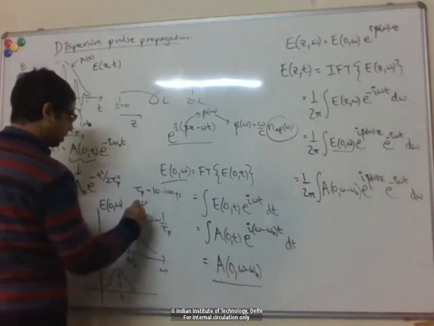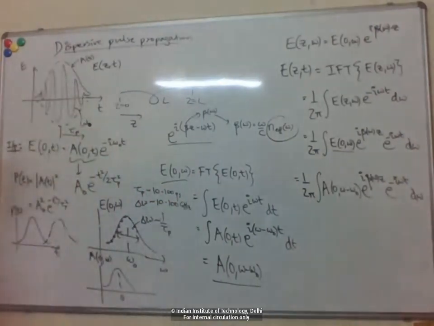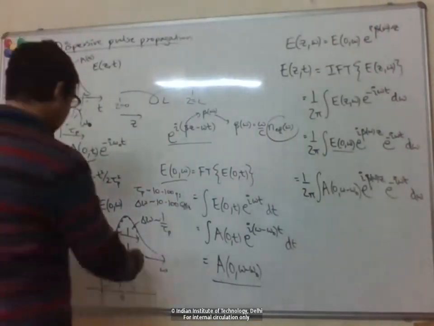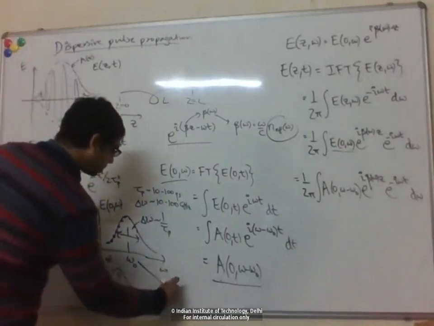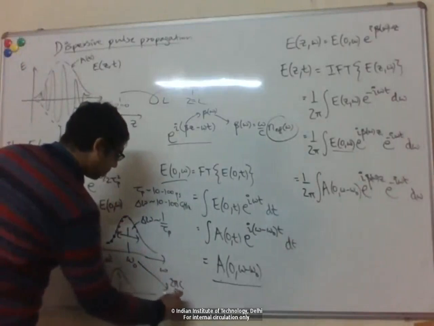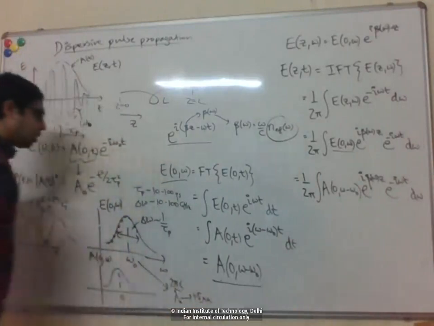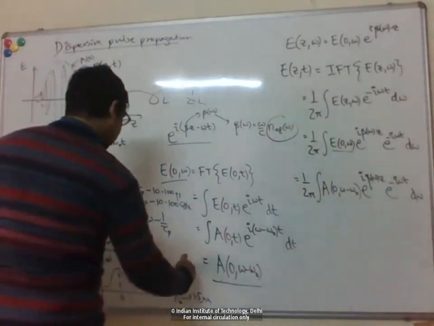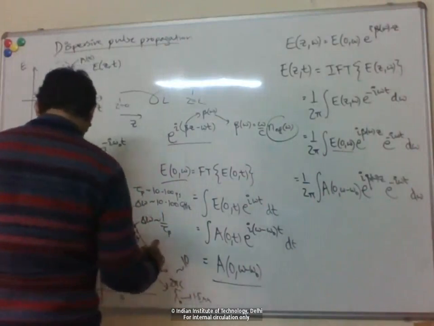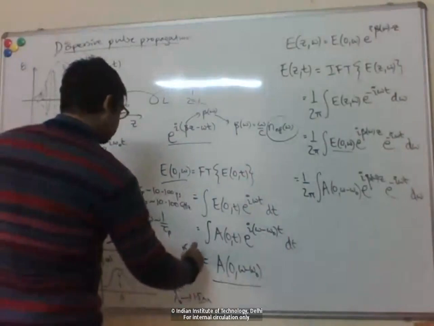So 1 over tau p, the bandwidth, is again sort of 10 to 100 gigahertz, right? And omega naught, the center frequency, is 2 pi c over lambda naught, where this is, let's say, 1.5 micron or something, telecommunication wavelength. So omega naught is like 10 to the 15 per second or something, right?